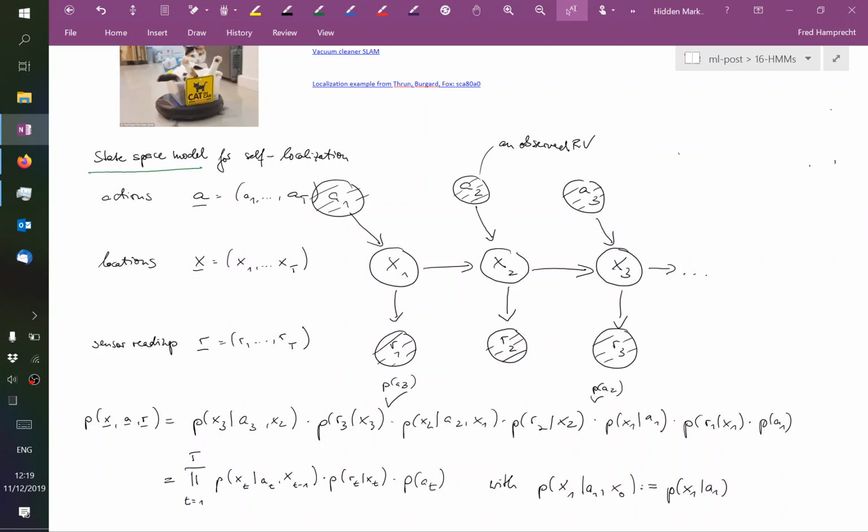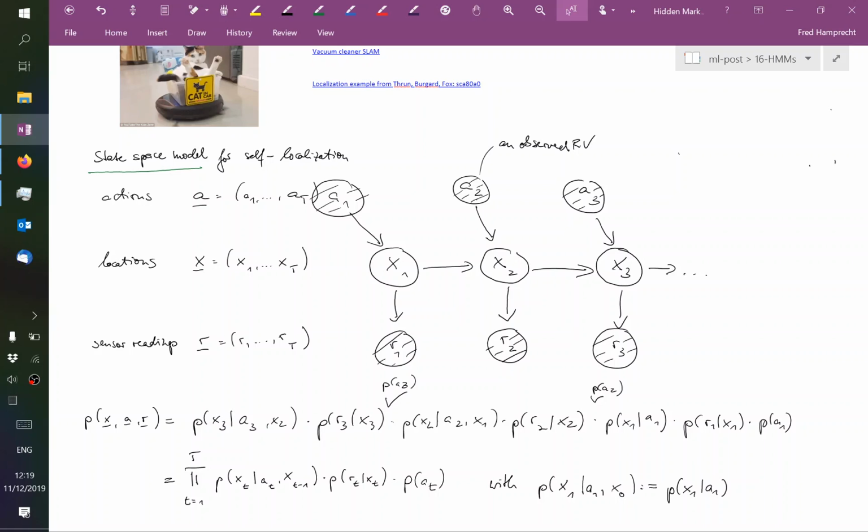So we could have some of these action bullets not hashed, and given the sensor readings and given our motion model, try and figure out what the action has been. Okay, so this works similarly. Yes, that works. The principle is the same.